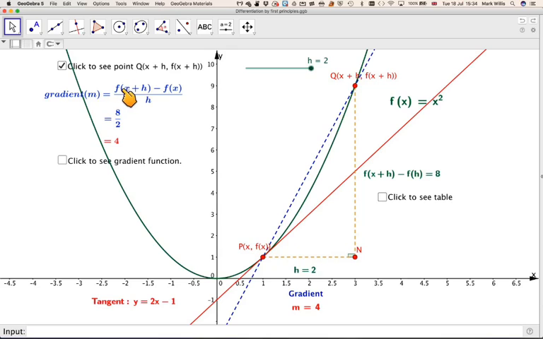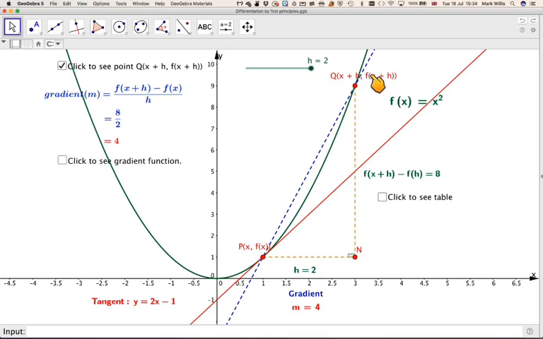So this gives me the gradient. It's like using y2 minus y1 over x2 minus x1. What we say is this point is x plus a little bit, and then it's f of x plus a little bit. So you need to really understand function notation as well.